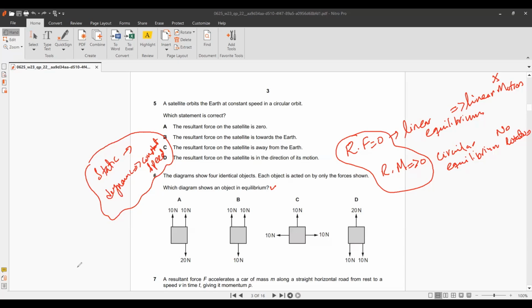A and D. Or why is A not correct? Well, I don't know. Because this might produce movement.